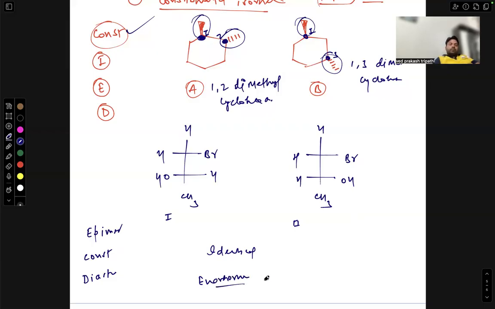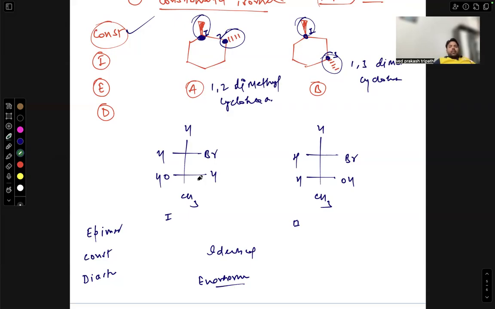Now tell me. Epimer is basically applicable only in carbohydrates. So this is just an option here. Epimer is not related to this compound basically.